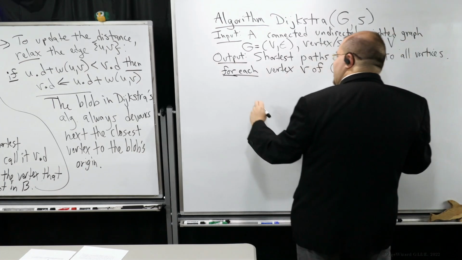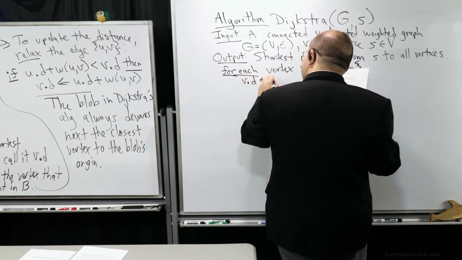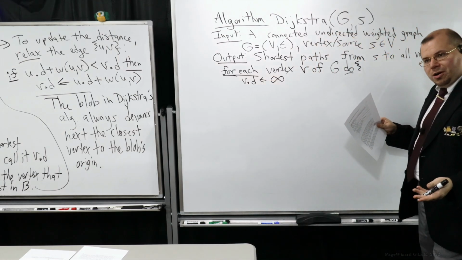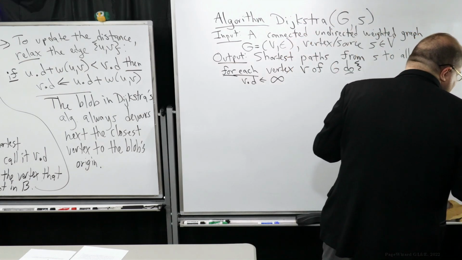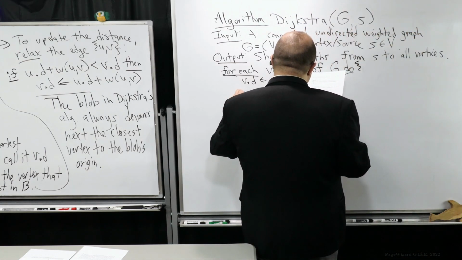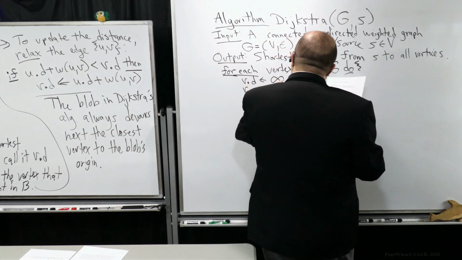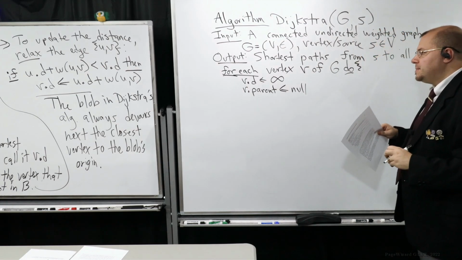You're going to assign each one of the D values for each vertex to be not 0, it's infinity, right? Because we haven't yet encountered all of them. The blob has to find them first. And then each one of their parents or predecessors are going to be null. We haven't found them yet either.